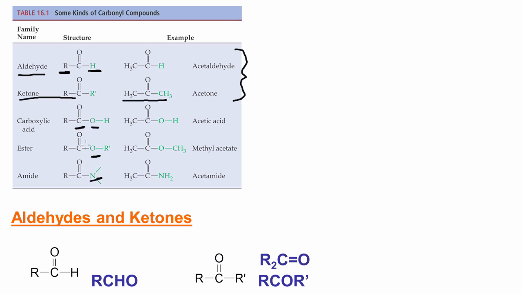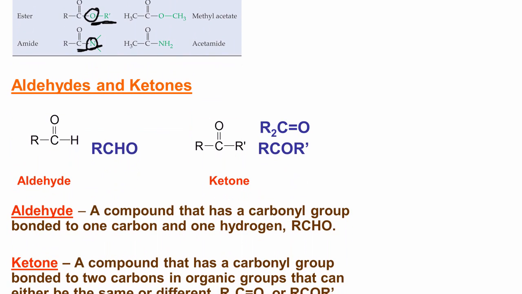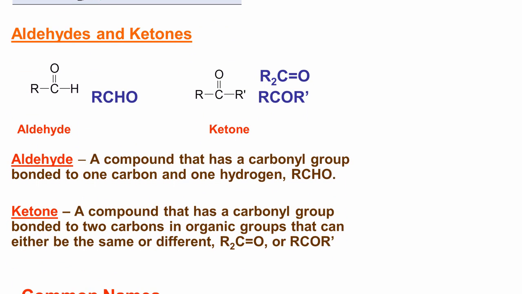In the case of carboxylic acids, we have this oxygen; in the ester, we have this alkoxy group, but the carbon is bonded to the oxygen. And for amides, the carbon is bonded to the electronegative nitrogen. We separate these into two different groups because of the type of reactions that they undergo. Aldehydes and ketones tend to undergo the same types of reactions, actually addition reactions.